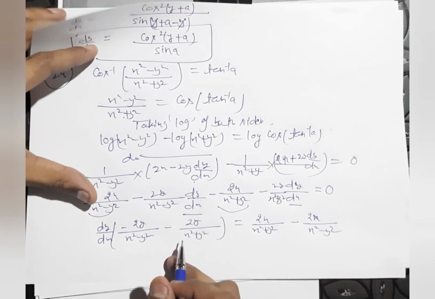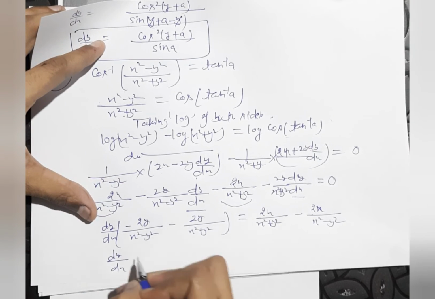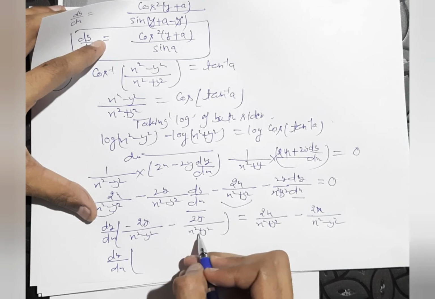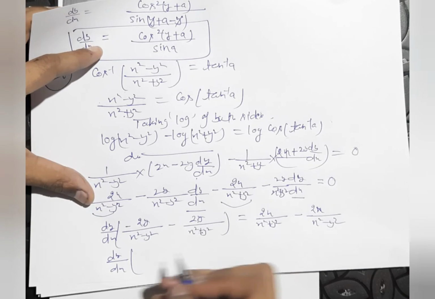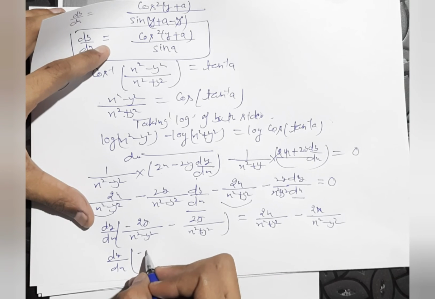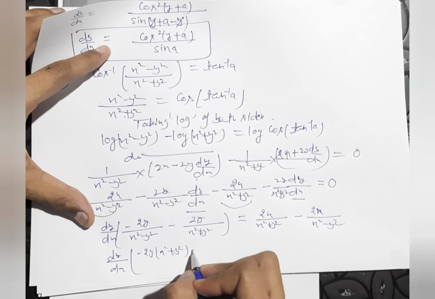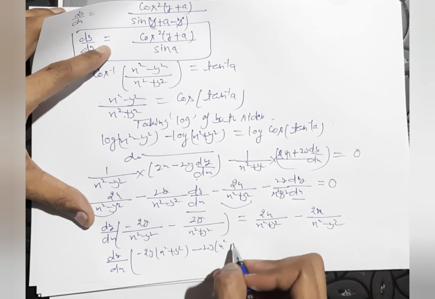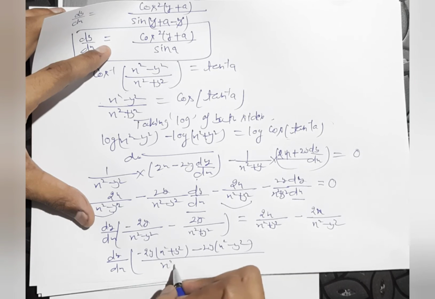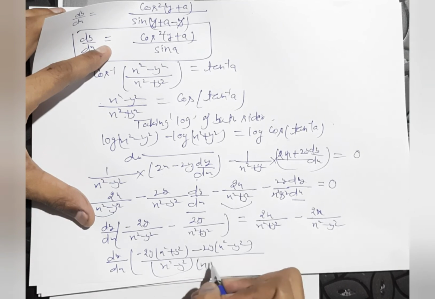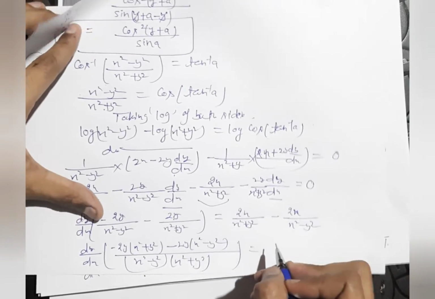Okay, so here dy over dx times 2y times (x square plus y square) and minus 2y times (x square minus y square), divided by (x square minus y square) and (x square plus y square), equals the same.